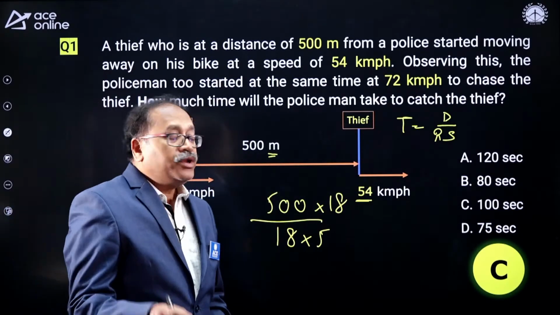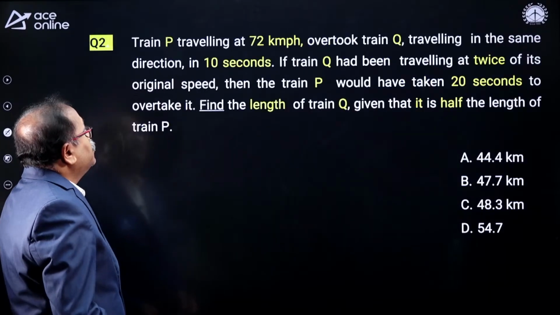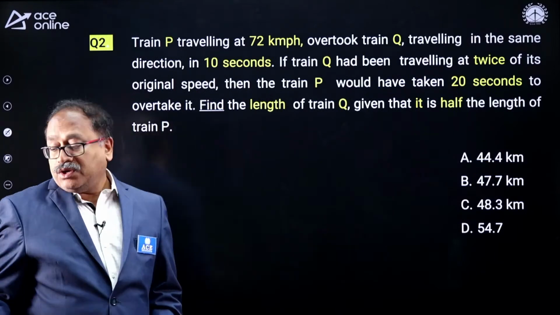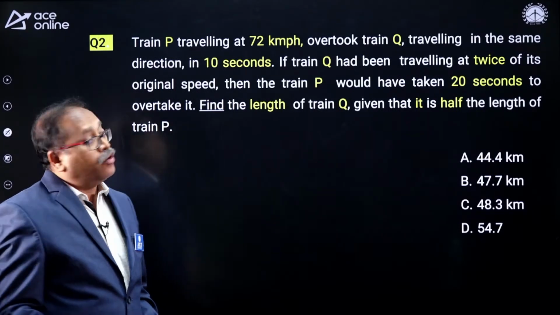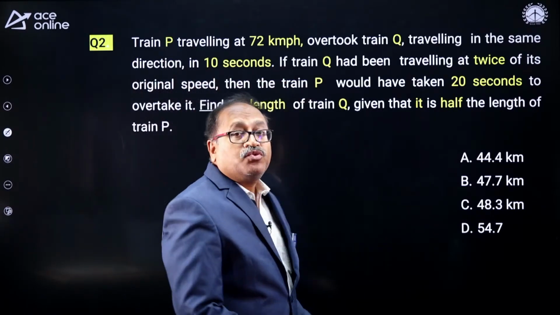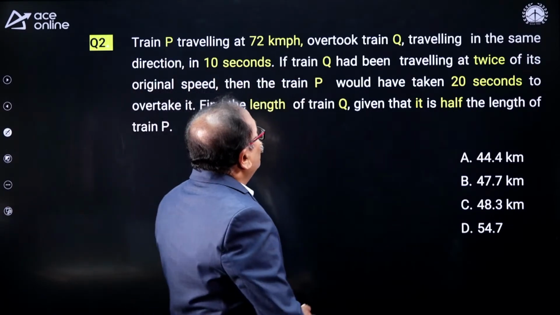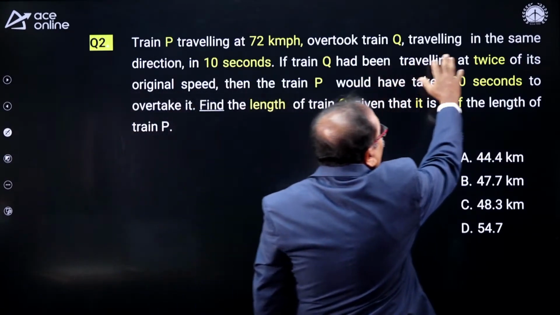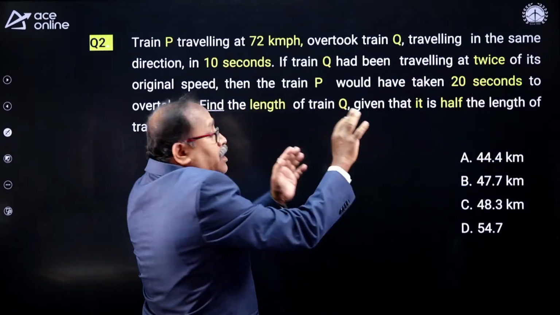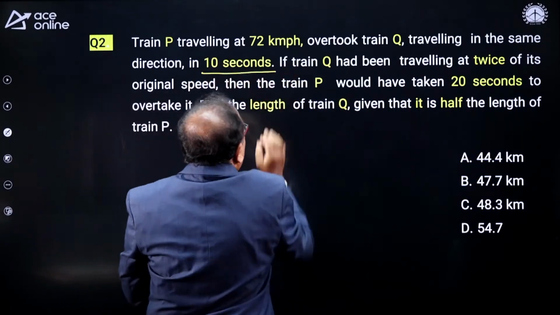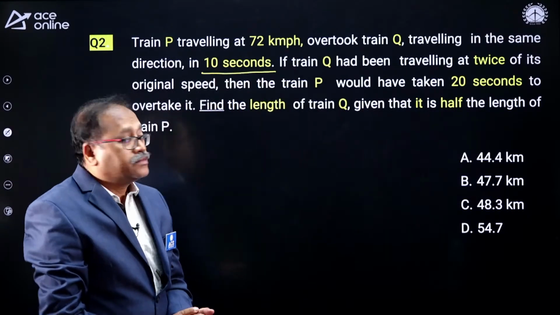Now, moving to the next question, question number 2. What it says: train P, traveling at 72 kilometers per hour, overtook train Q traveling in the same direction in 10 seconds.